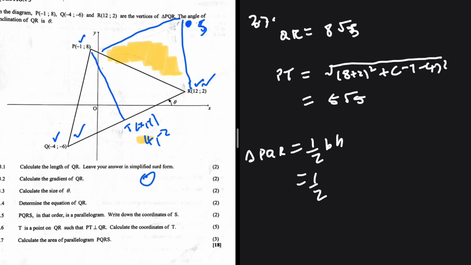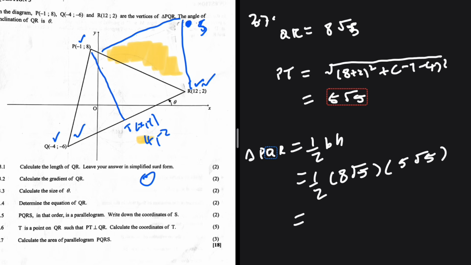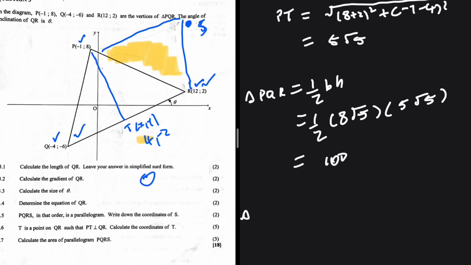So the base, which is QR, is 8 square root of 5. And then the height, which is PT, is 5 square root of 5. So half multiplied by 8 square root of 5 multiplied by 5 square root of 5 gives us 100. So the area of PQRS will therefore be equal to 200 units squared.